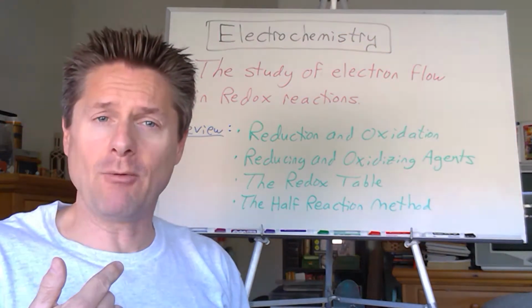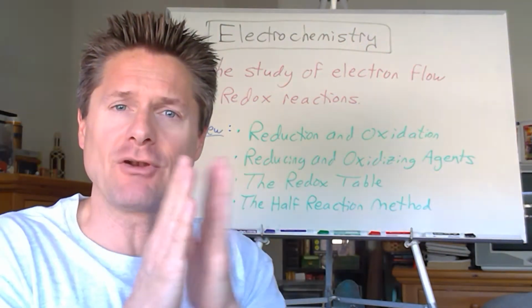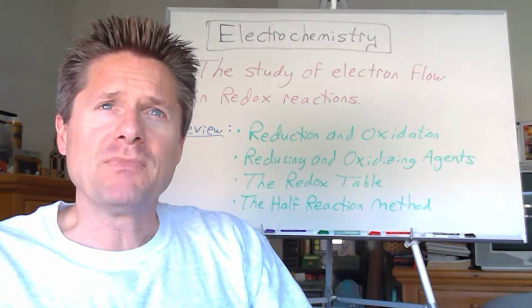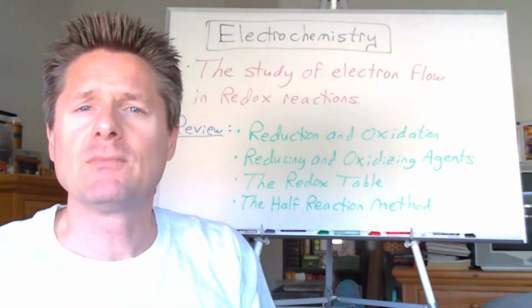So electrons are flowing, but if the reducing agent and the oxidizing agent are in contact, because I'm going to actually do some demos on here, I have to grab my goggles before I do that. If they're in contact, the electrons are directly transferring between those. We can't do much with that.